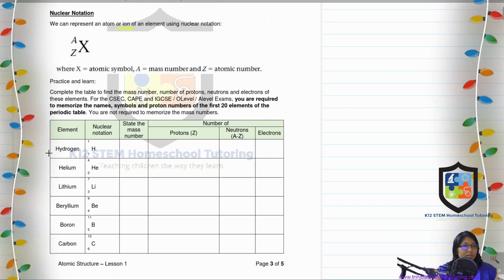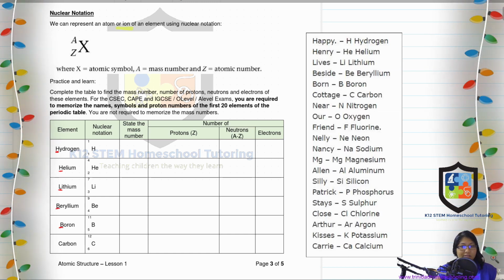What some students do to help them memorize the first 20 elements of the periodic table is take the first letter of each element and make a mnemonic with it, either a sentence or maybe a rhyme, and they learn it that way.